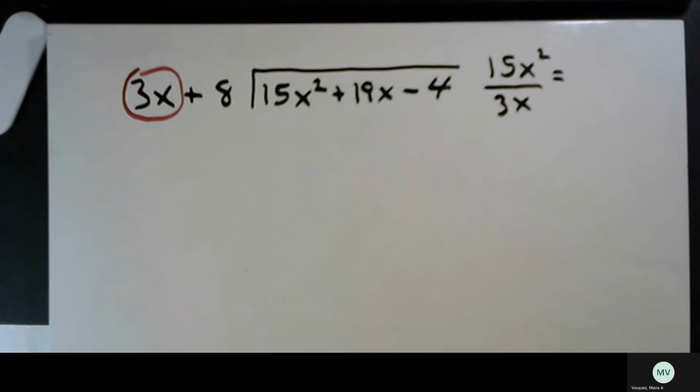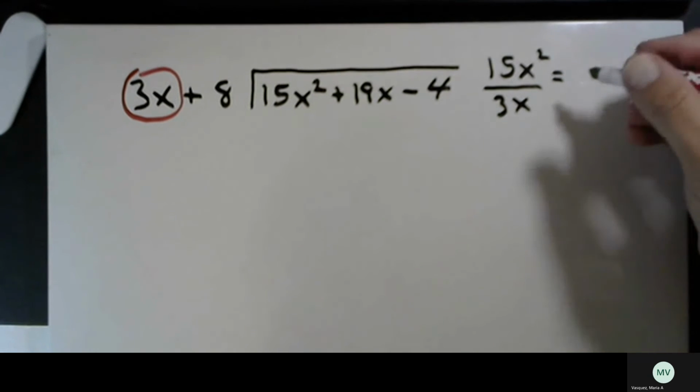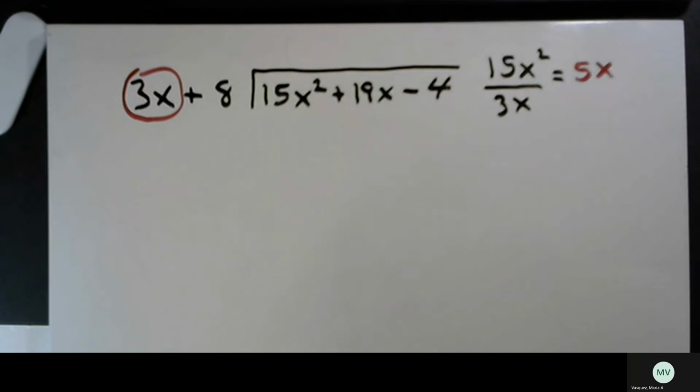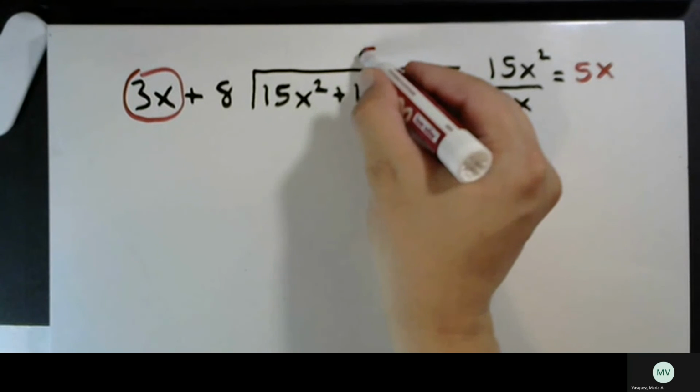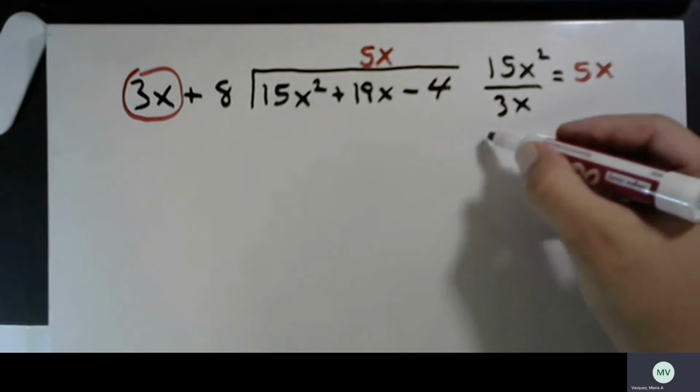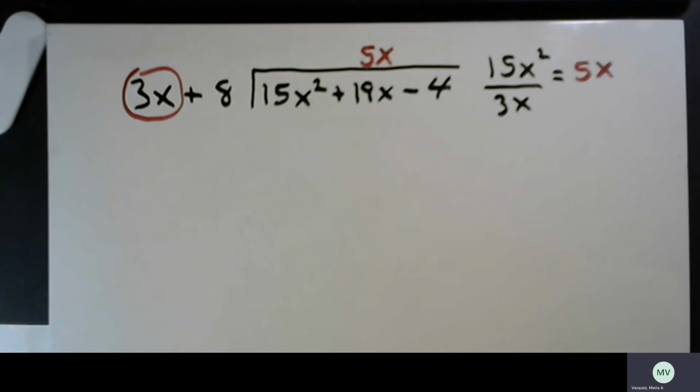So this time, if we divide 15x squared by 3x, we get 5x. And we don't put that over the 15. We put it over the next term coming up.